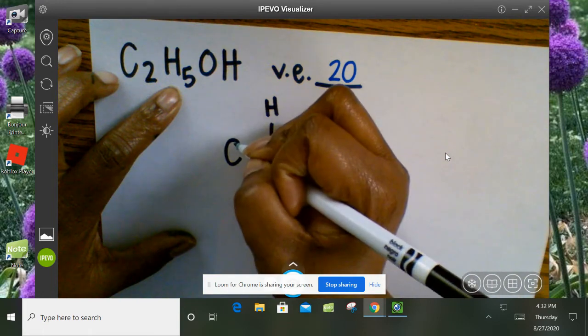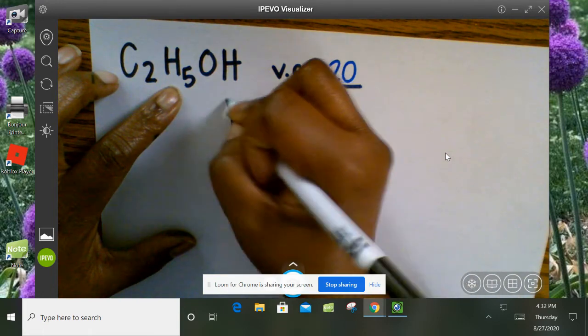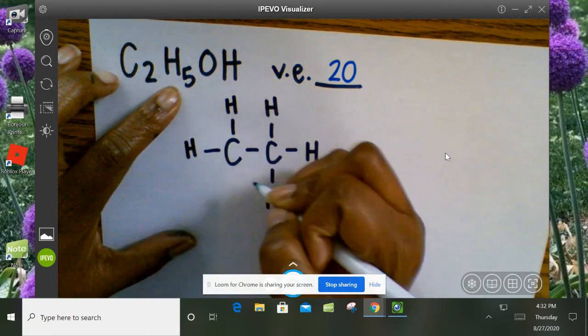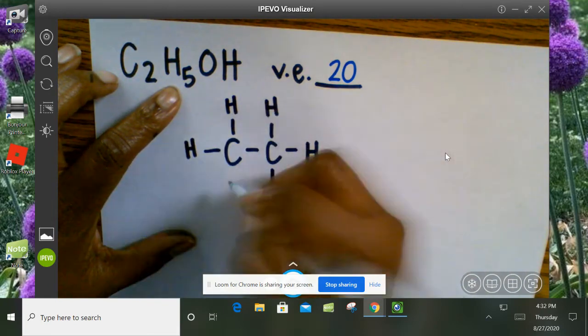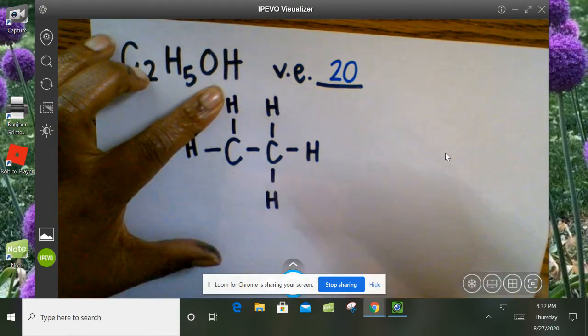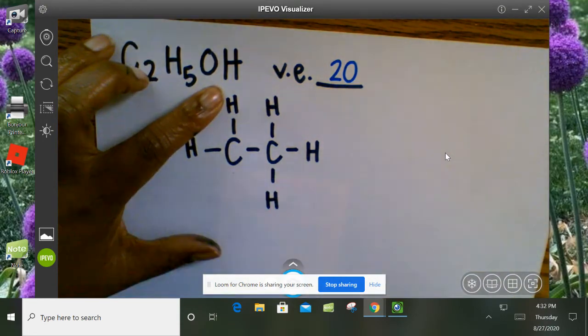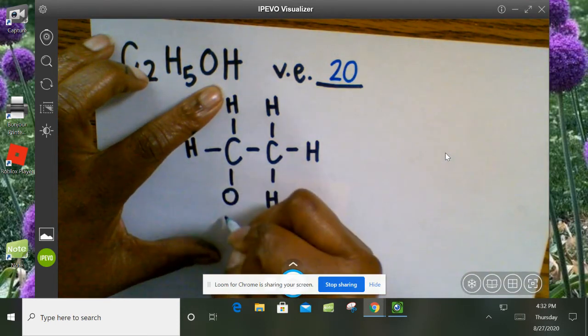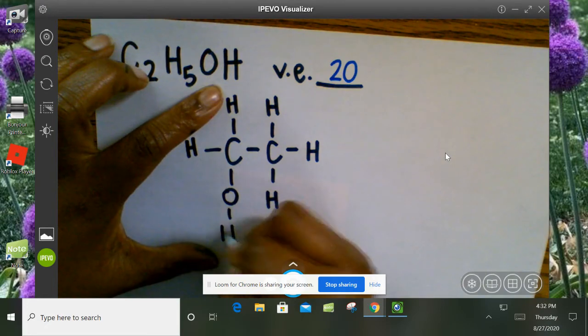Let me do two more. Hydrogen, hydrogen. And then I'm going to do the O, because I can't have a hydrogen with an O connected to it. The hydrogen has to be on the outside. So I'm going to put the O and then connect the hydrogen to it.